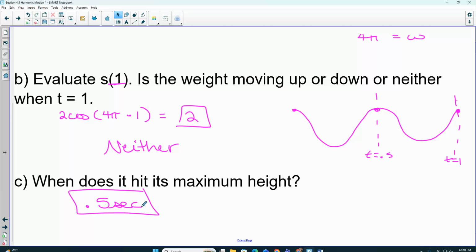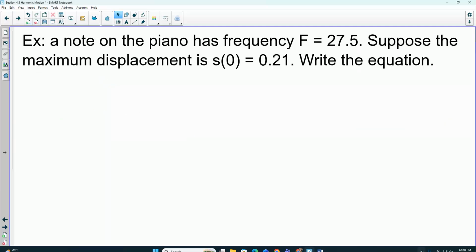I would like for you guys to look at the next question and see if you can write the equation. Do we know if it's sine or cosine? Sine has to start at 0. Since this one started at a height of 0.21, it is a cosine. Because at time 0, the only way you'll get a sine is that at time 0 it's equal to 0. What's my amplitude?